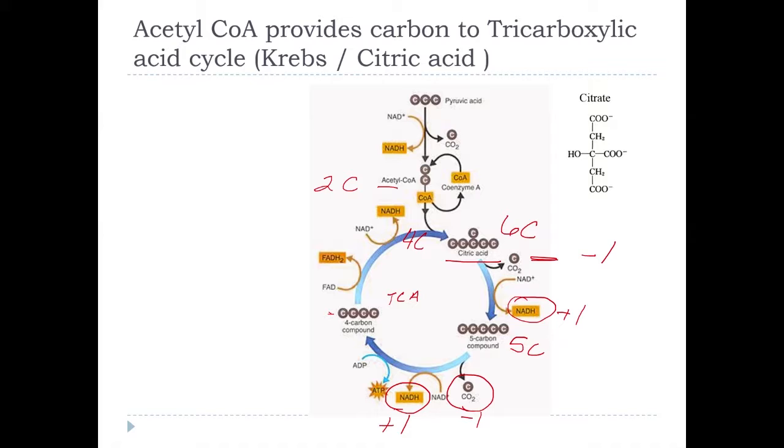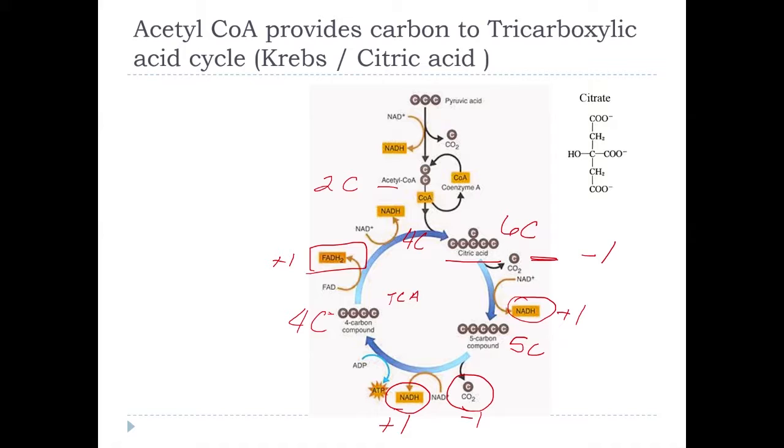And that gets us from a 5-carbon back to our 4-carbon compound. That 4-carbon compound, which is called oxaloacetate, don't need to worry about it, goes through some transformations, and we produce another reduced compound here, FADH2. And then the 4-carbon compound interacts with the next acetyl-CoA coming in.